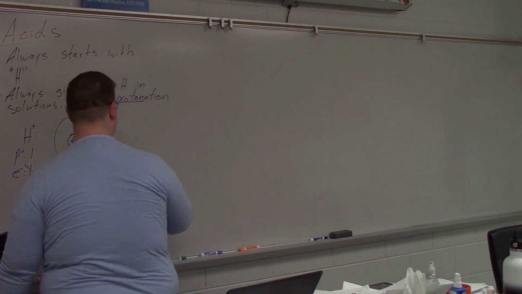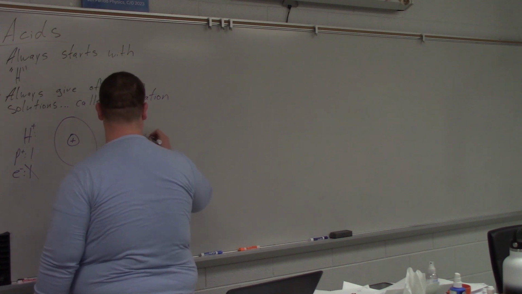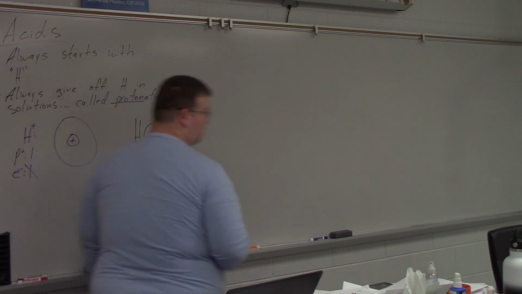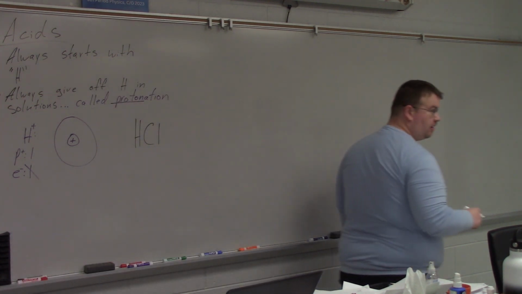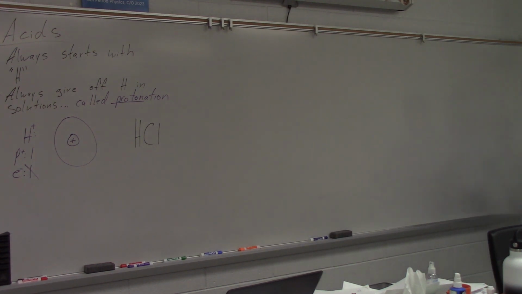A good one is what's inside your stomach. If you ask somebody, they probably could name it and tell you it's hydrochloric acid. You're going to see why it's hydrochloric acid today. But here's the thing, look at chlorine.